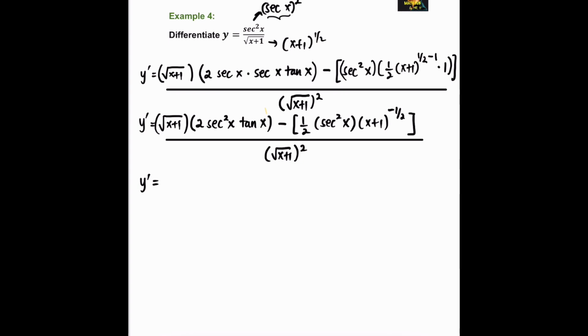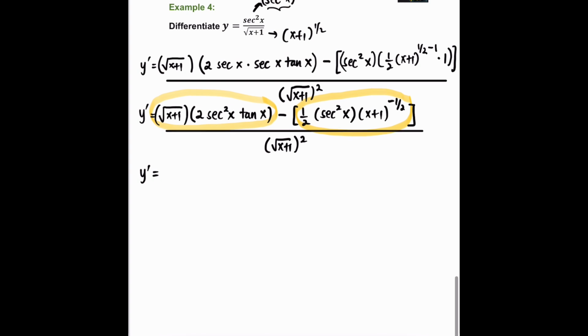So the entire thing here is the first term. All right, and this entire thing right here is the second term. And now, as part of the simplification process, we can apply factorization by taking out their common factors, okay? So expressions that are common in each term, all right?